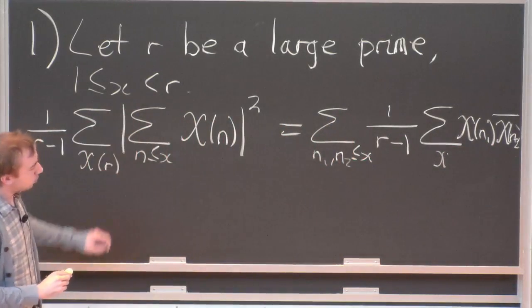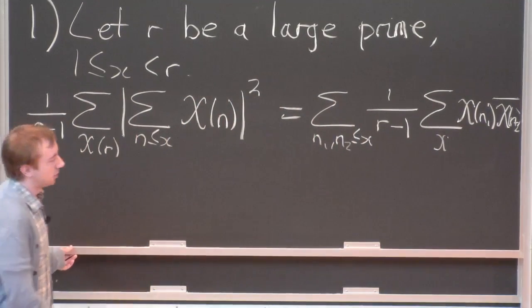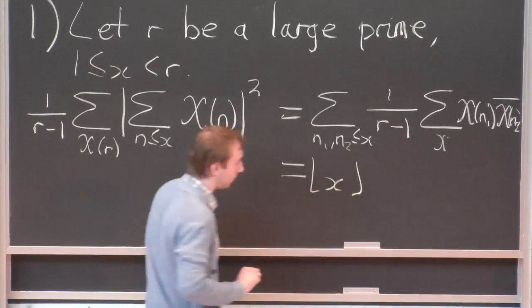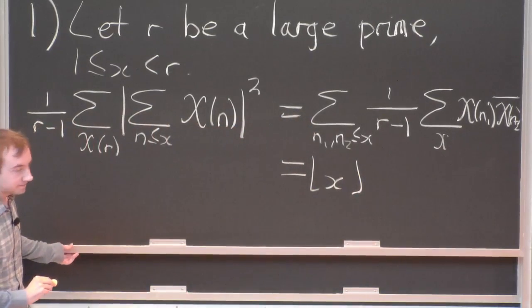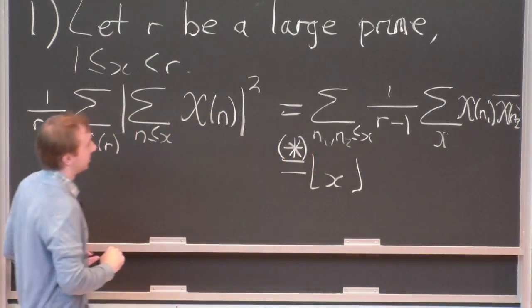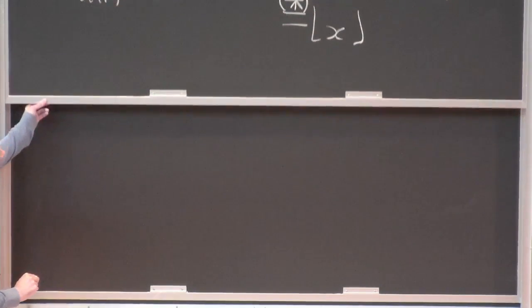And since everything is smaller than r, the only way that can happen is if n1 and n2 are actually the same. So the only terms that survive are the diagonal terms. So this is just the floor, the integer part of x. Okay, so I hope this is uncontroversial so far.